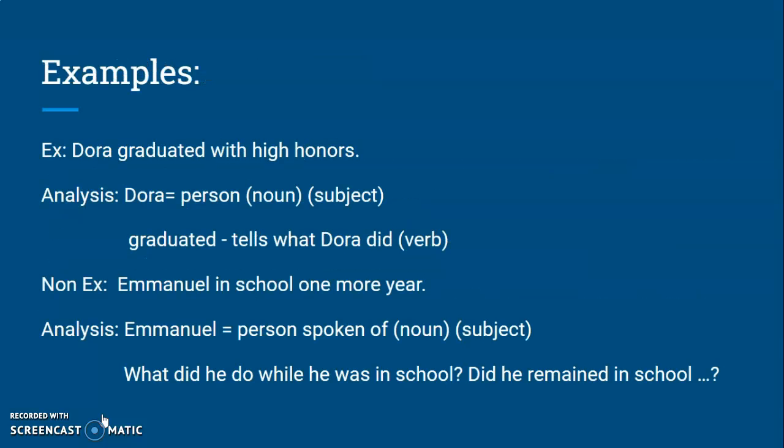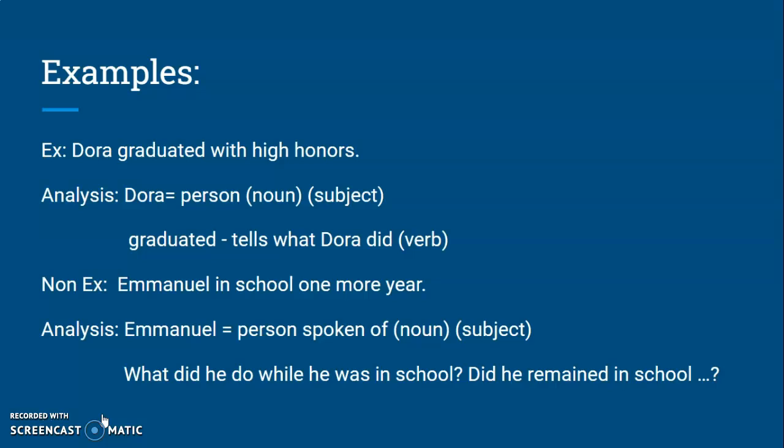All right. Here are a few examples. Example one, Dora graduated with honors. Well, if we were to analyze this sentence, and we know analyzing means breaking things apart to see how they are connected, our analysis is Dora. Dora is a person, right? Yes.